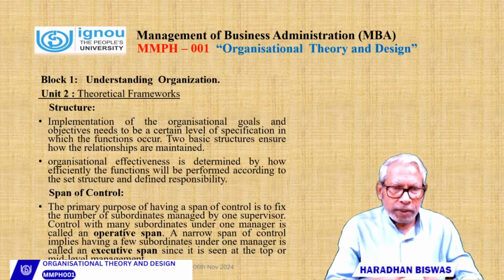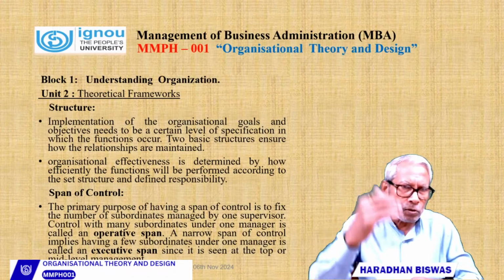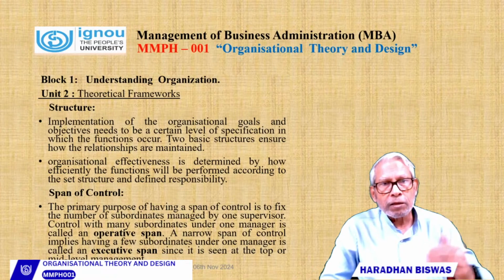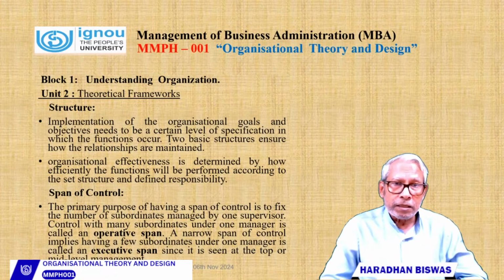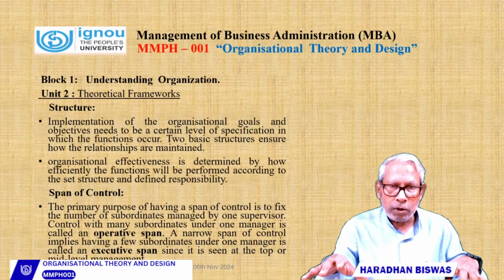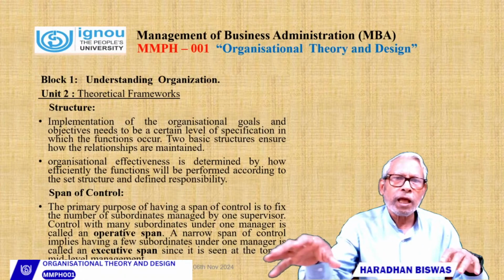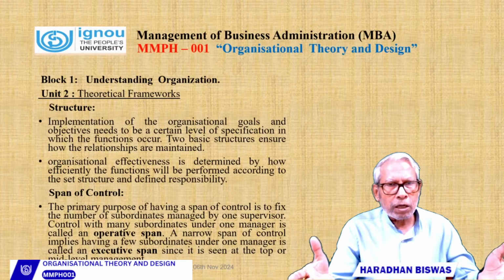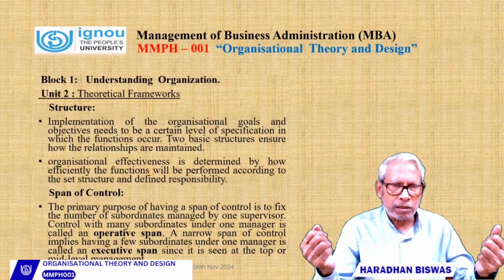So a narrow span of control implies having few subordinates under the manager, called the executive span, because at the top level, the general manager or the regional head have less span of control, because they have two other deputy general managers.